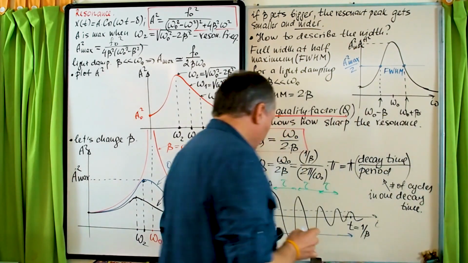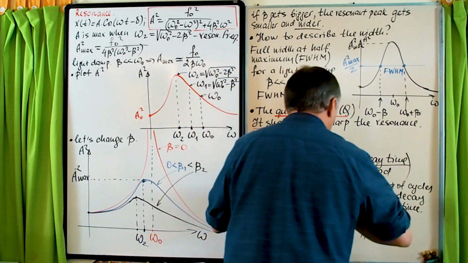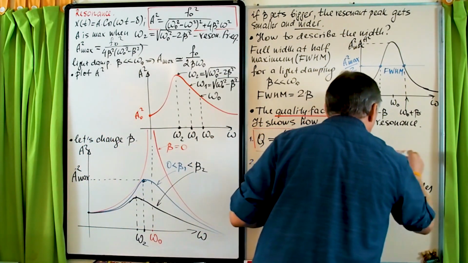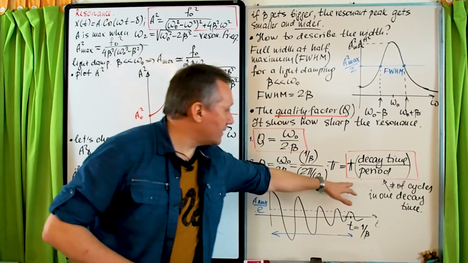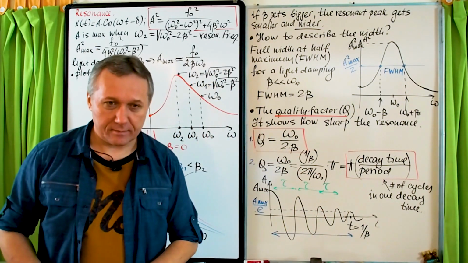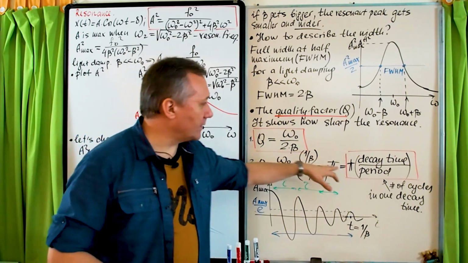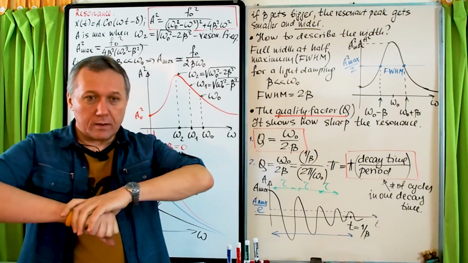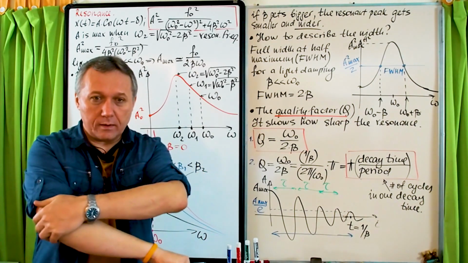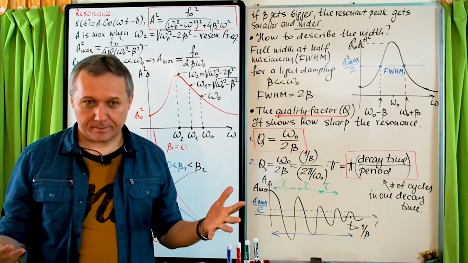Okay, so now, probably I should frame this as well. When do we use this and when should we use that? What's the major difference between this definition of the quality factor and that definition of the quality factor? It depends on what you do in your research.